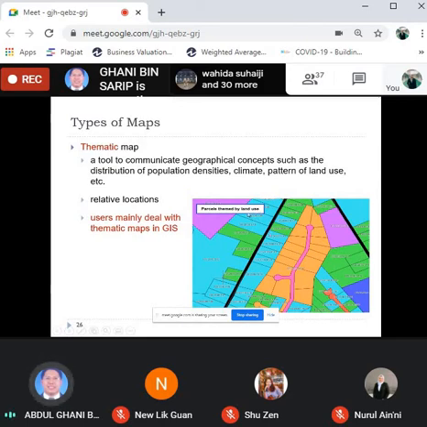So land use is one theme in a GIS map. We could also have building, or size, or any other sort of theme that we want to visualize on a map. So basically, users may deal with these thematic maps in GIS.